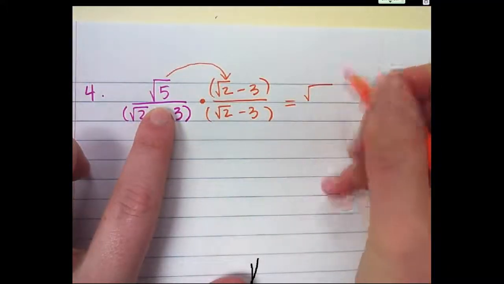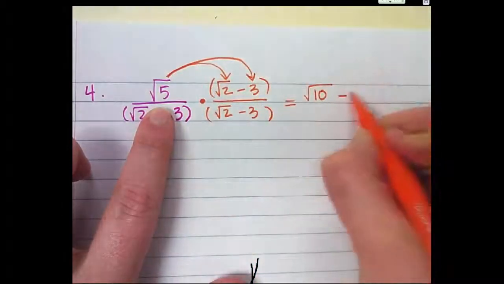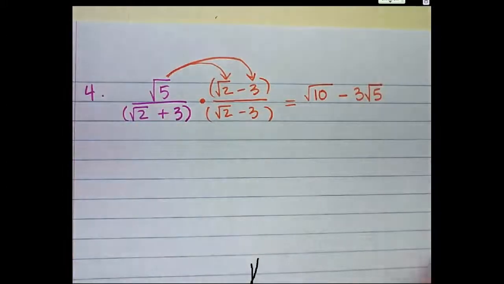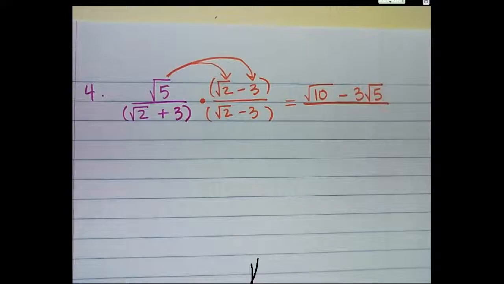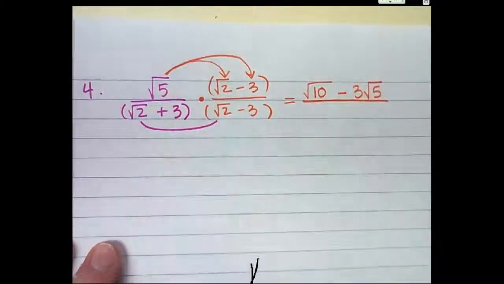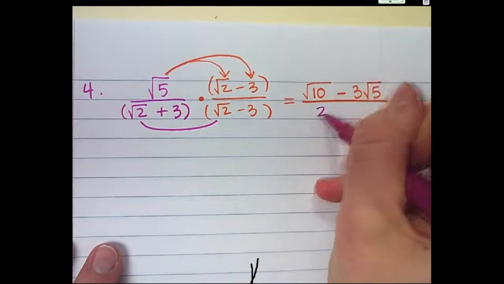gives us, what, square root 10 minus 3 square root 5 over. So here's the shortcut. When I do the conjugates, multiply the first 2 together. What would that give me? Square root 4. You can write square root 4 and then simplify, or you could just write 2.